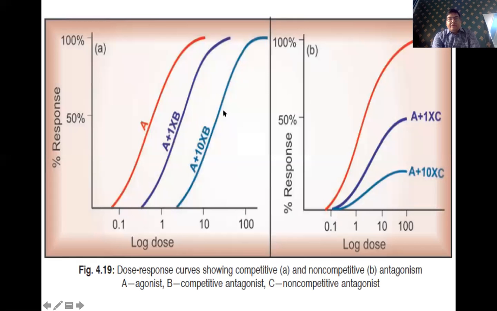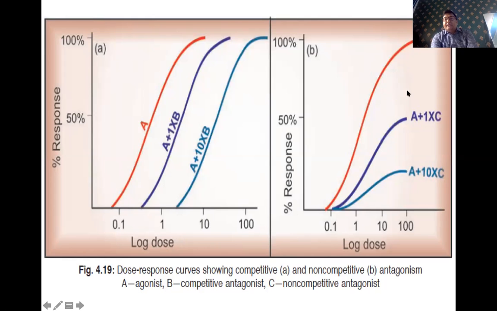Through this graph, I wanted to show you that if A is the agonist and B is the antagonist, this side, the dose of the agonist is increasing. So finally, we are going to reach the maximum effect by increasing the concentration of the agonist.